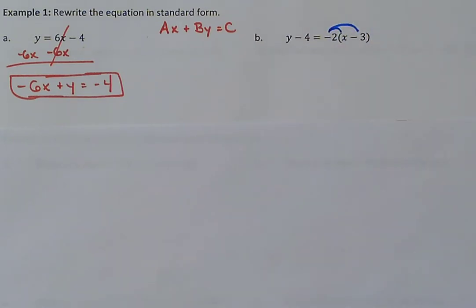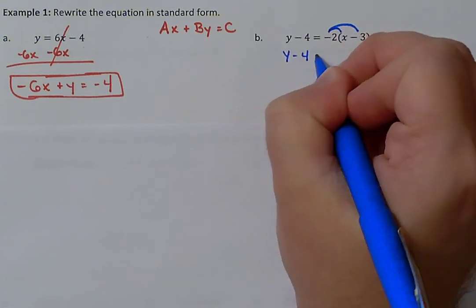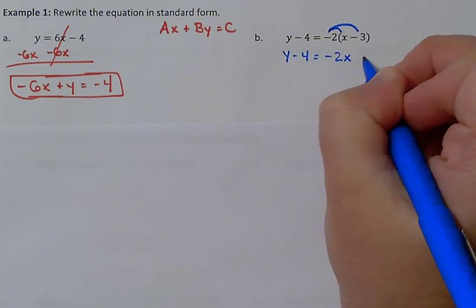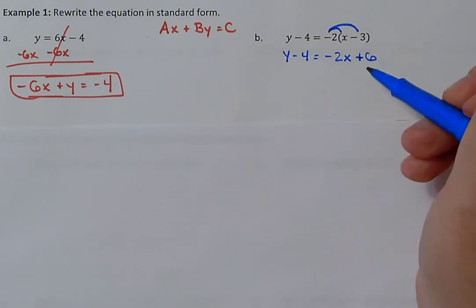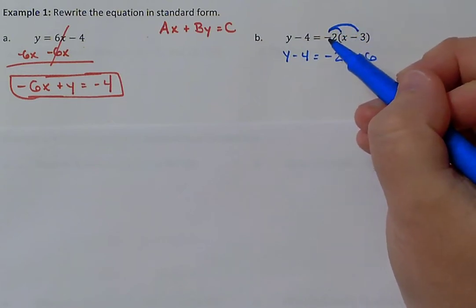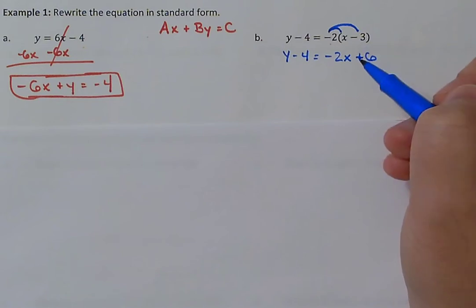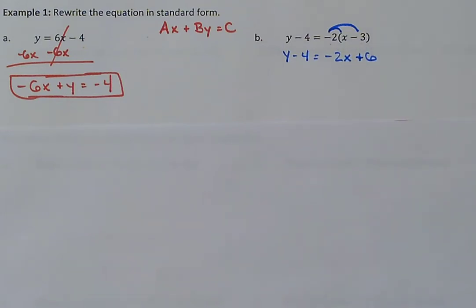So when we distribute the -2, we get y minus 4 equals -2x plus 6. And the reason this turned to plus 6 is because if I distribute the negative, -2 times -3, negative times negative is positive, 2 times 3 is 6.